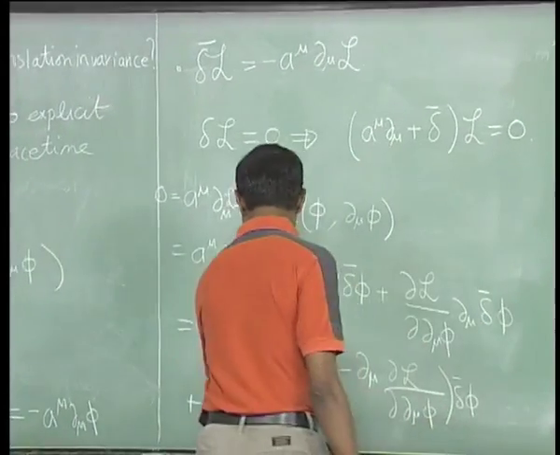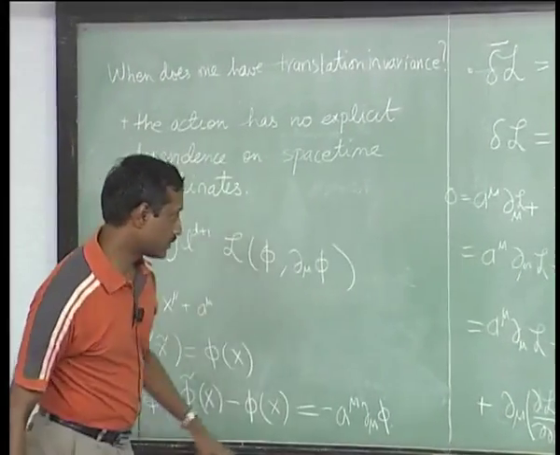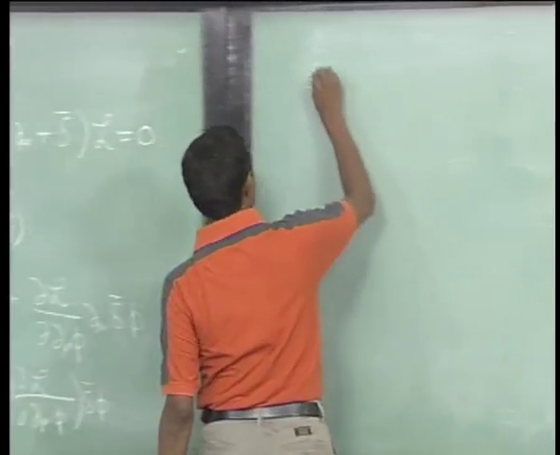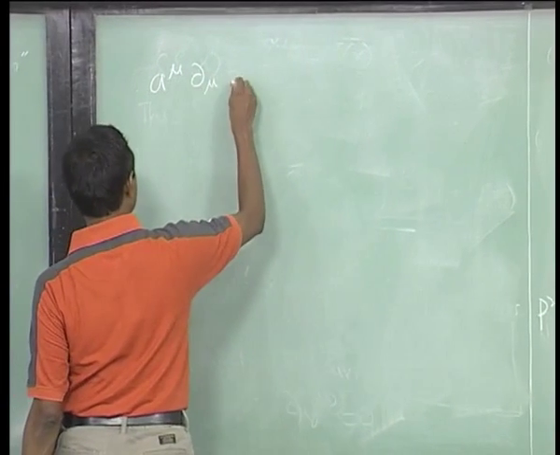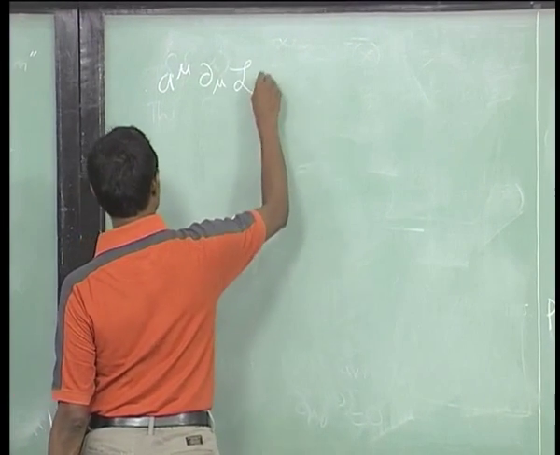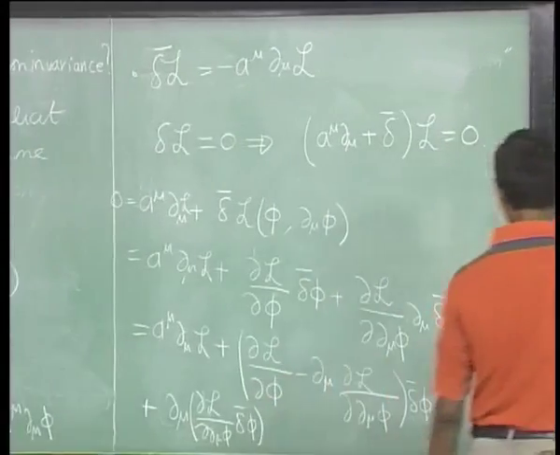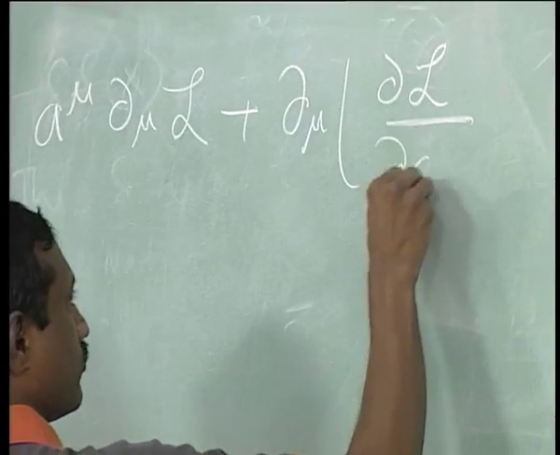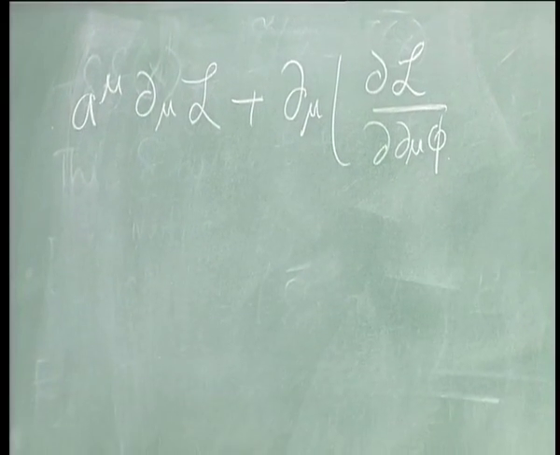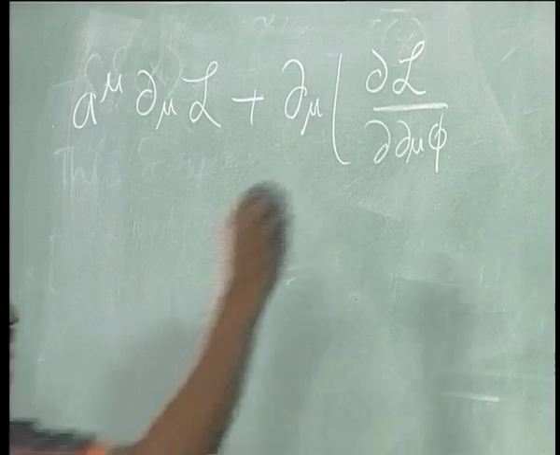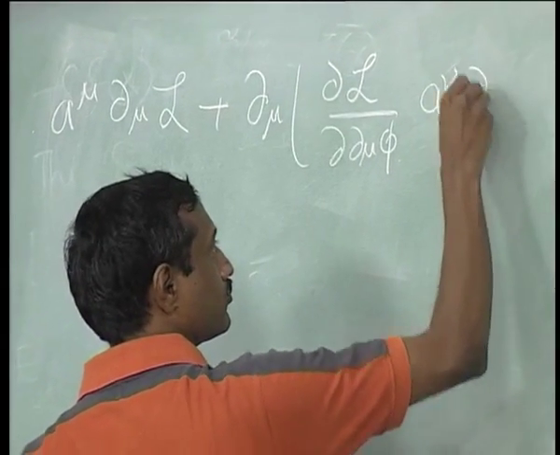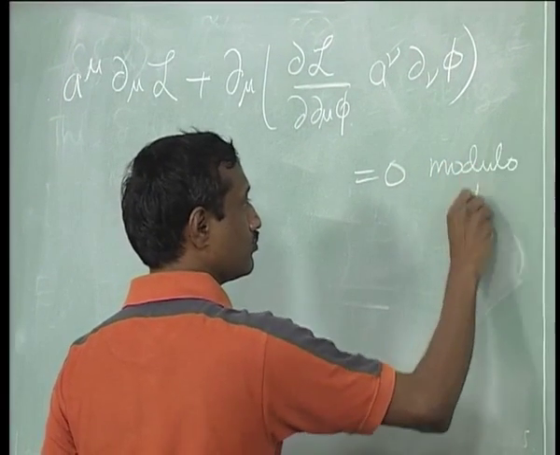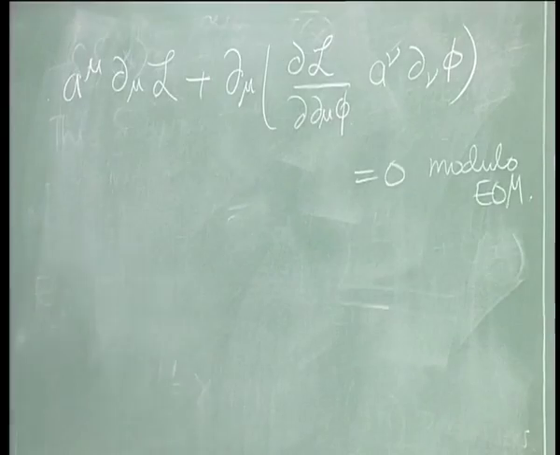So now I still have to put in delta bar of phi, which is minus a mu d mu phi. So I get, and delta bar phi is, modulo equation of motion.